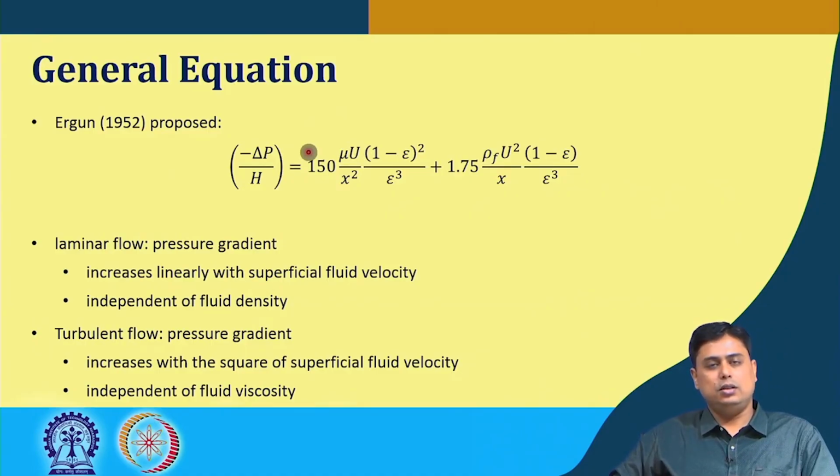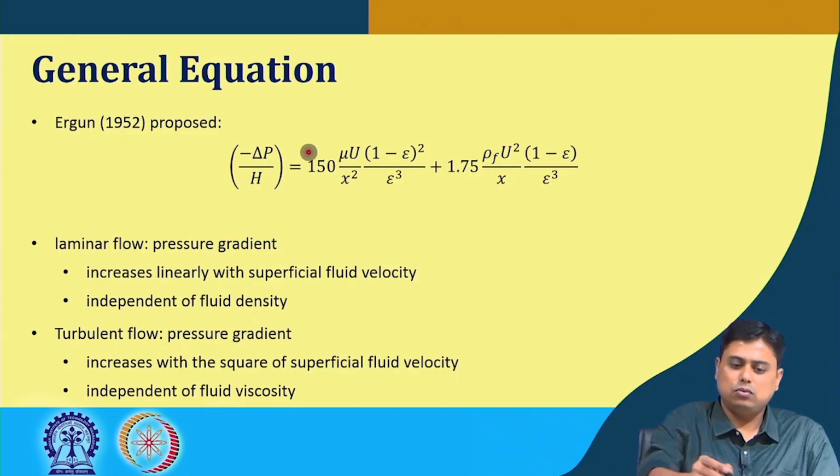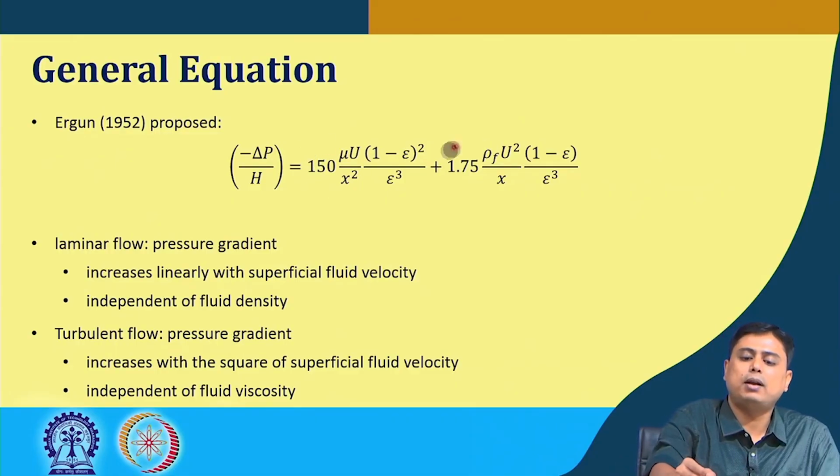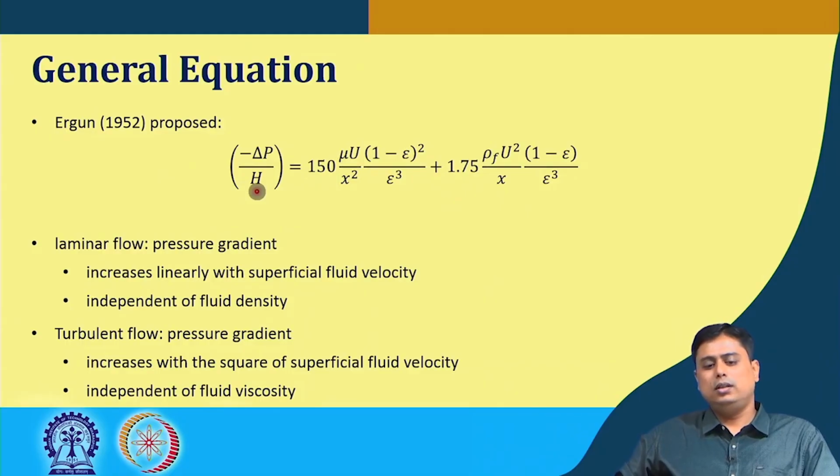So, this famous Ergun equation has two parts. One is almost identical to the Kozeny-Carman equation with a different constant value, and the other part is the Burke-Plummer equation. Now, these constant values we will see when we cover the multi-phase cases. This constant actually varies. This 150 and 1.75 are empirically fitted constant values.